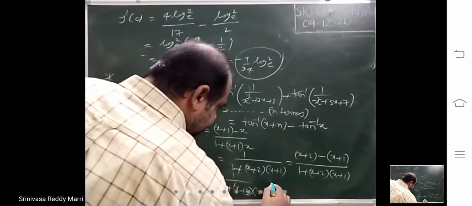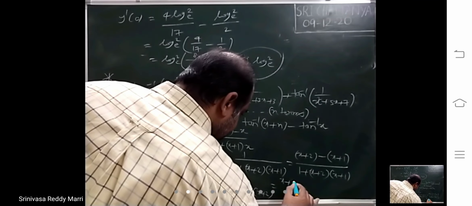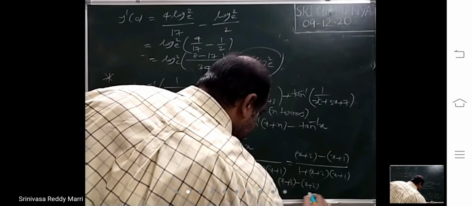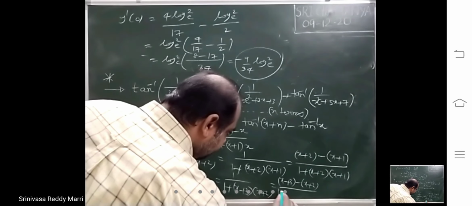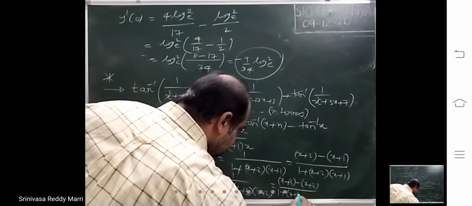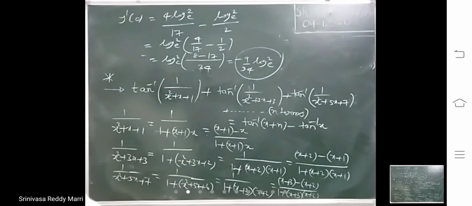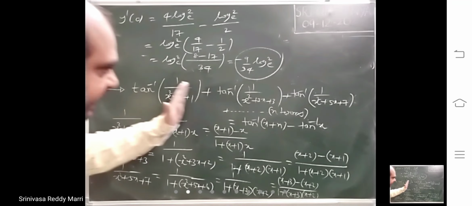That means 1 can be written as divided by 1 plus this third term. So like that n terms are there.